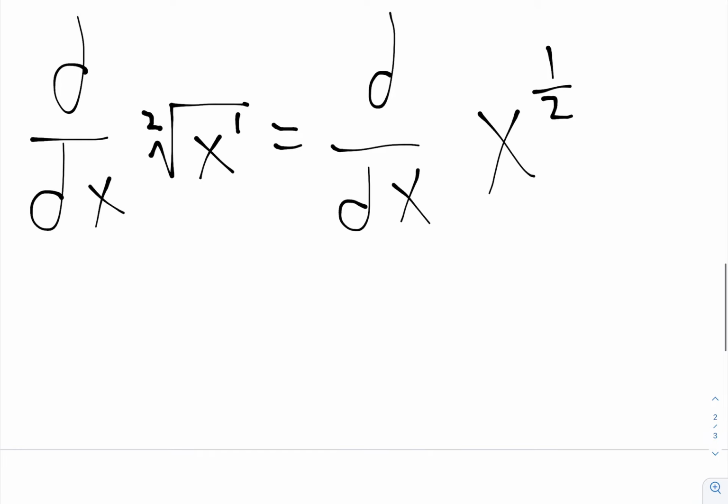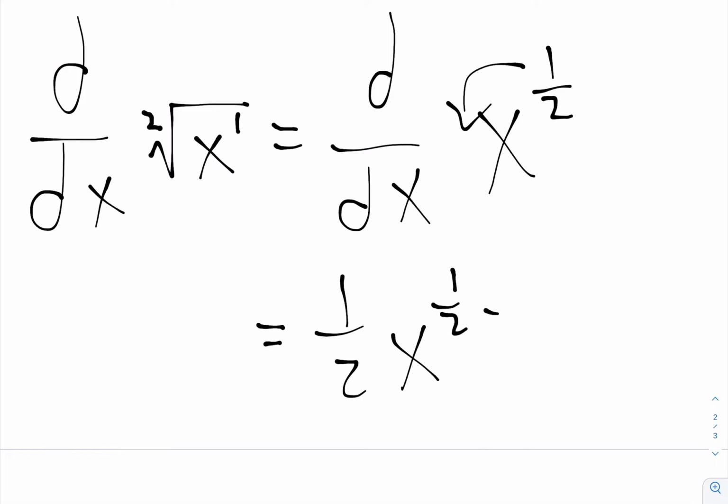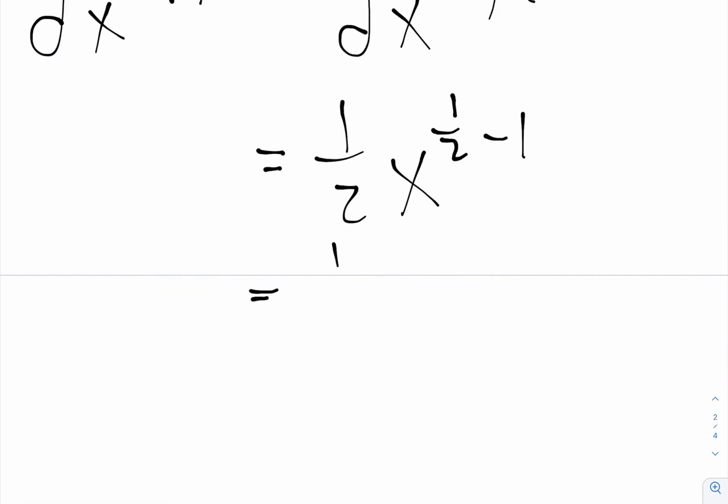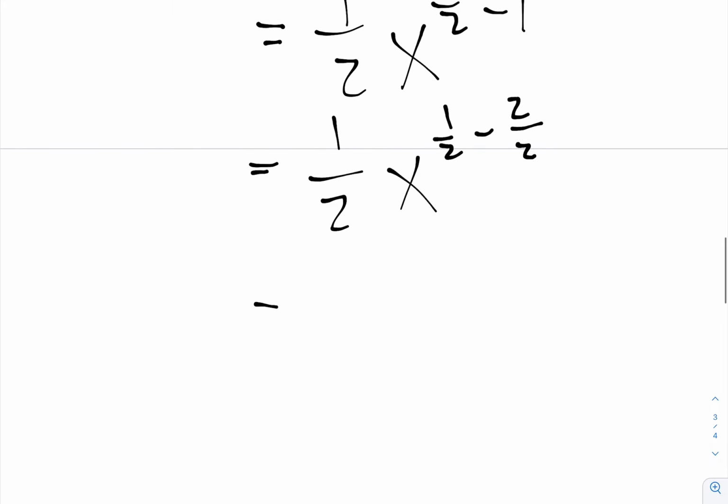So the derivative of x to the 1 over 2, remember we bring the 1 over 2 out in front, so this is going to be 1 half x to the power of 1 half minus 1, right? Because we're reducing the value of the exponent by 1. So it's 1 half x to the power of 1 half. Let's make this 2 over 2, so we have a common denominator. So this is 1 half x to the negative 1 half.